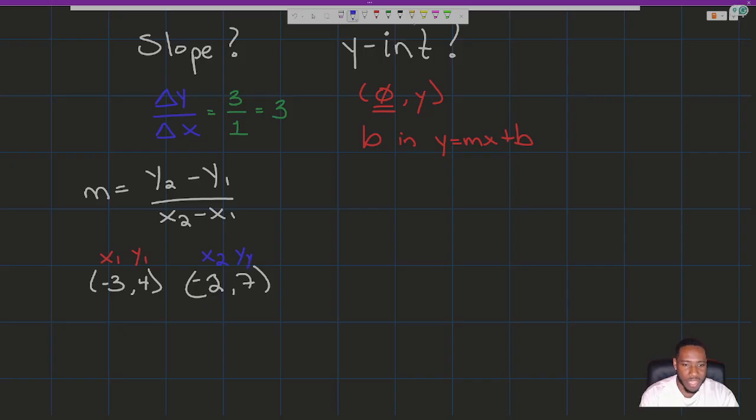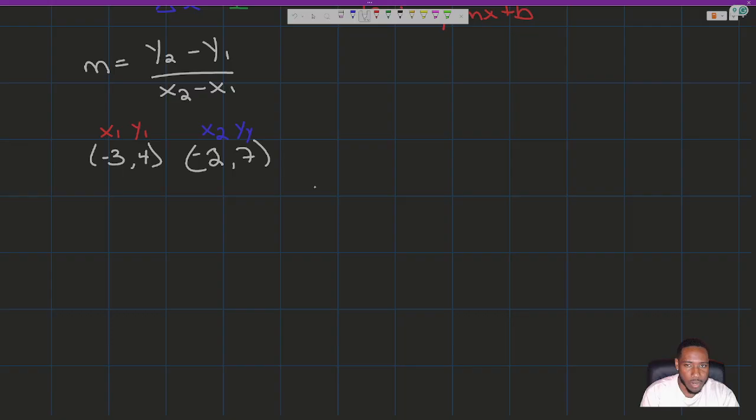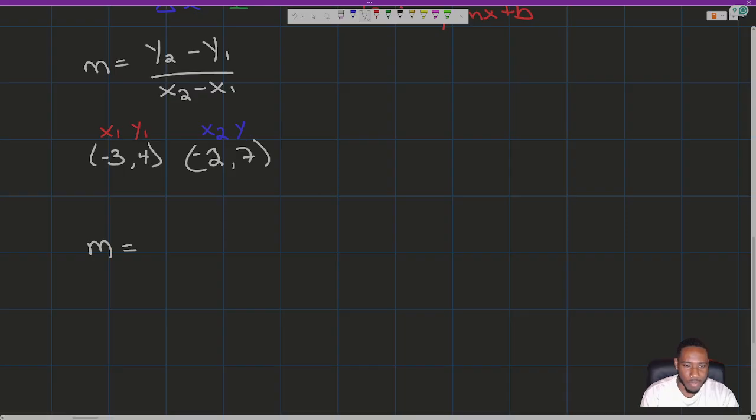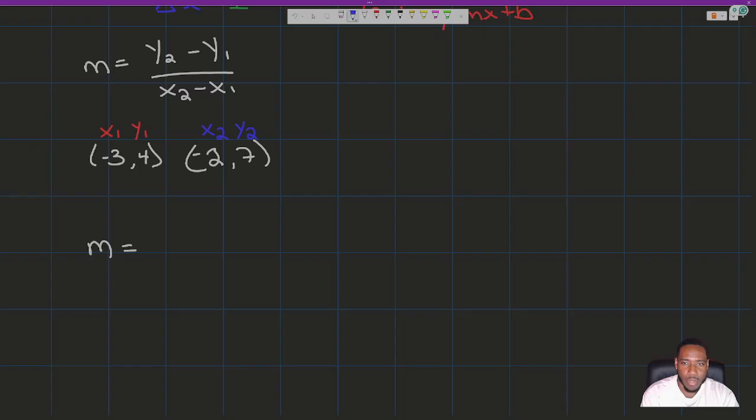And I also want you to pay attention to what numbers are negative in these situations, okay? If I'm plugging these into the slope formula, it would look like m equals y2, which is 7, minus my y1, which is 4, over x2, which is -2, minus my x1, which would be -3.